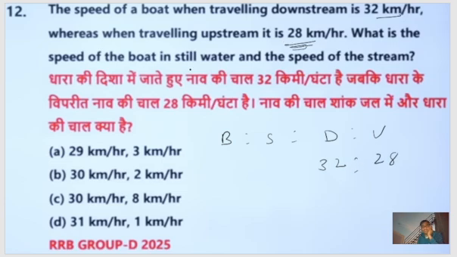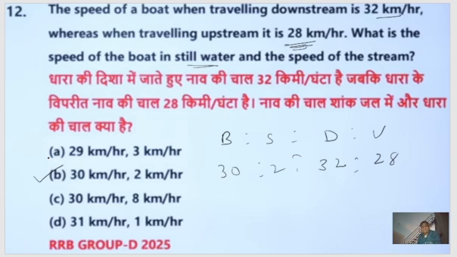So we have to find the speed of boat and speed of water. Here 32 plus 28 is how much? 60, and 60 upon 2 is 30. And 32 minus 30, which is 2, is the correct answer for this question. The speed of boat is 30 and the speed of stream is 2.